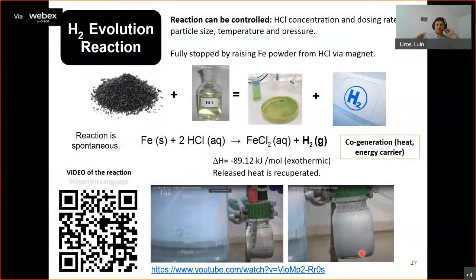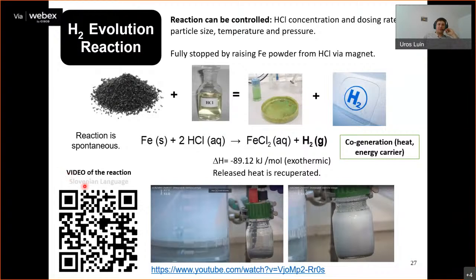So most probably now you are thinking how this hydrogen evolution reaction goes. If you want to see it, we prepared one contribution for our national television. So if you go with your mobile phone over this QR code, it will directly link you to the moment when we are showing that reaction.